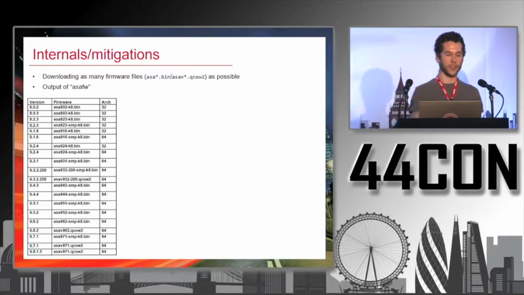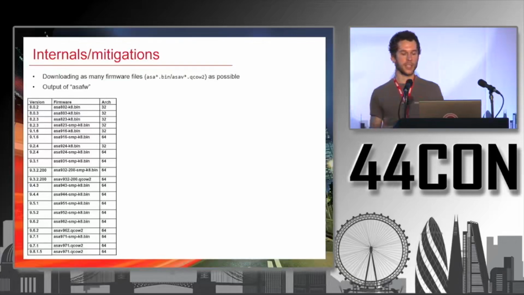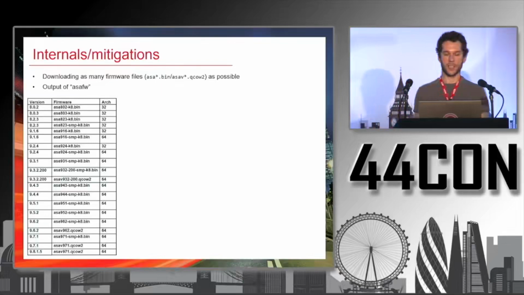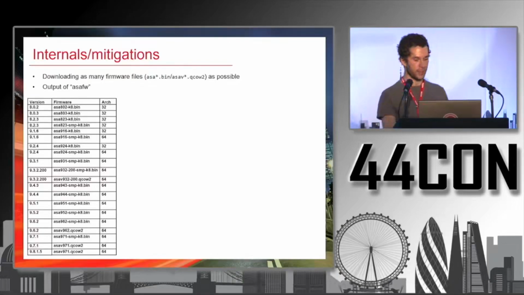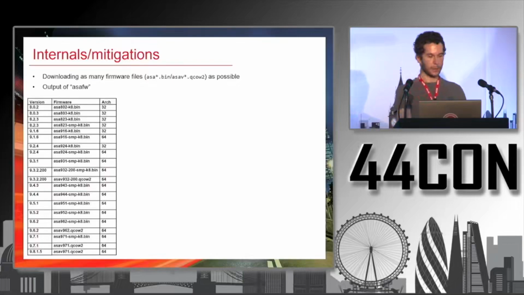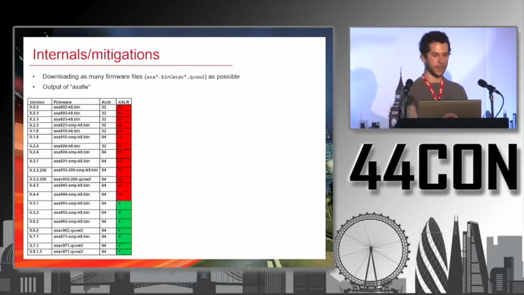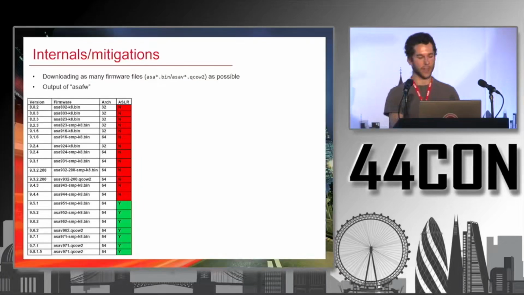And if you take 9.3.2-200, you can see that there is the 64 SMP and there is a 64 virtualized. I'm trying to list them all so we get an idea. And 8.0.2 is the oldest version, and 9.8.1 is the most recent.